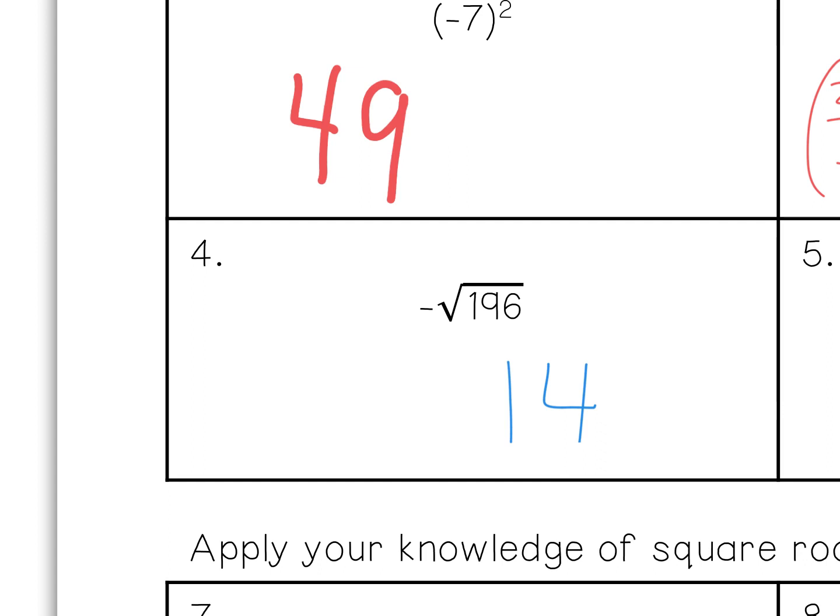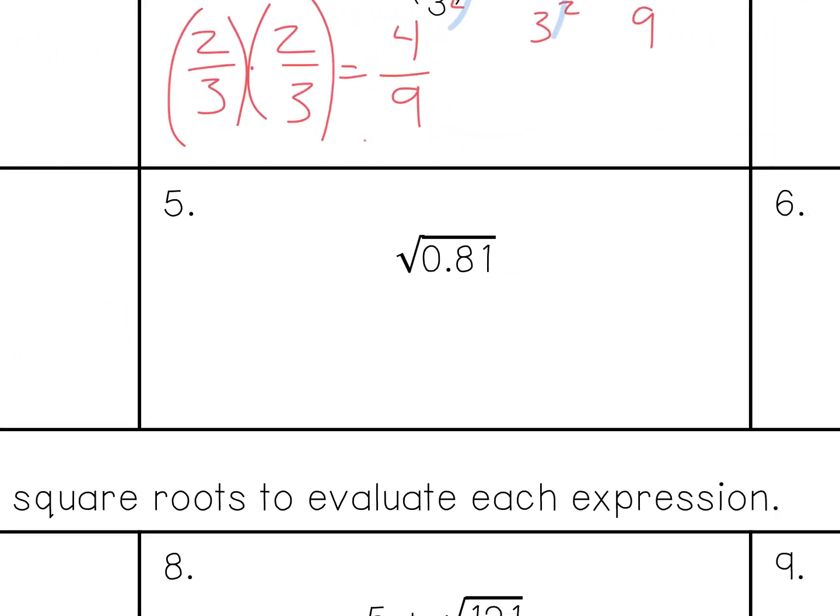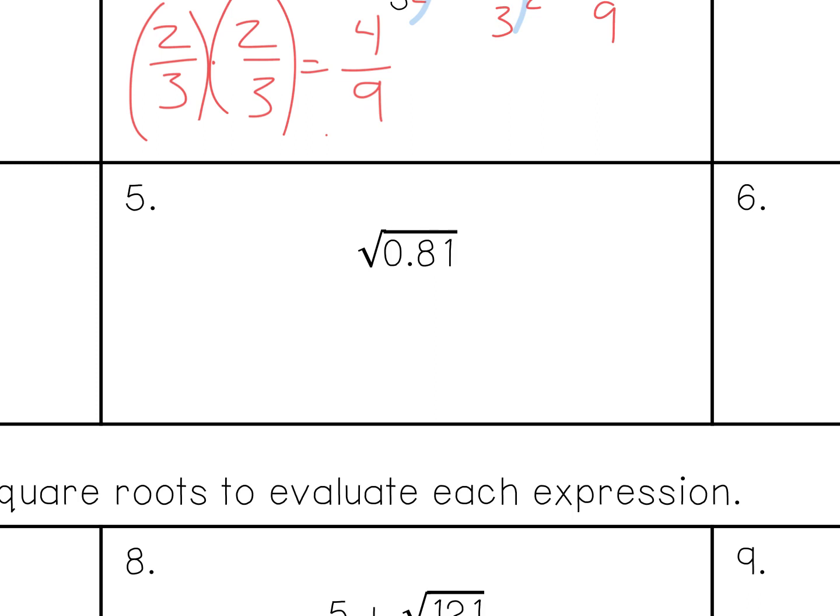A negative, so we need to keep that negative. Number 5 is also slightly tricky, but what number is it closest to? 0.09. So 81 would be 9, but there's a decimal there, so we have to keep that placeholder.